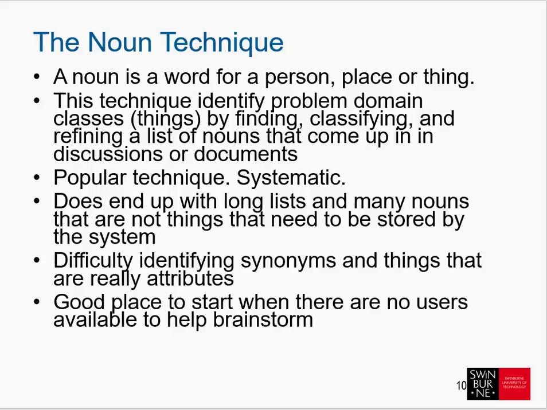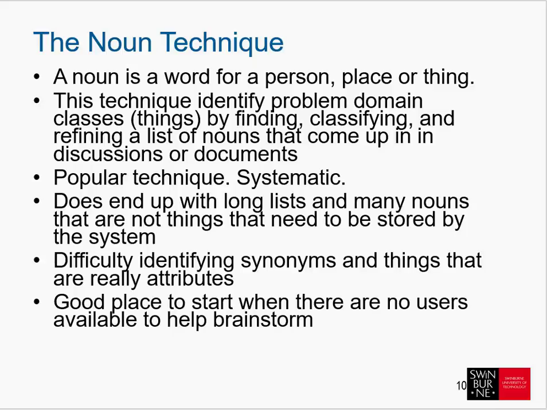Then we add to this list any additional nouns that appear in the information about the existing system, or that come up in discussion with stakeholders about the problem domain. The list of nouns will probably become quite long, so it will need to be trimmed and refined later on.